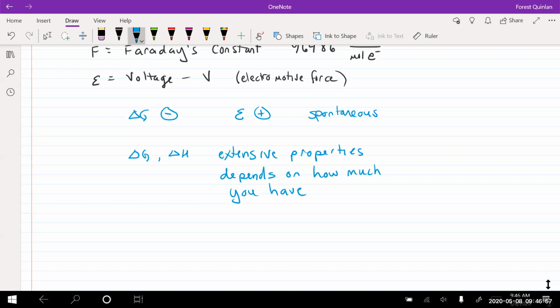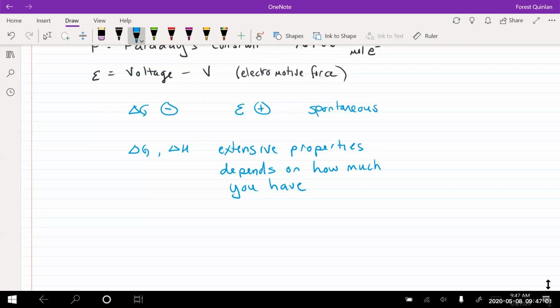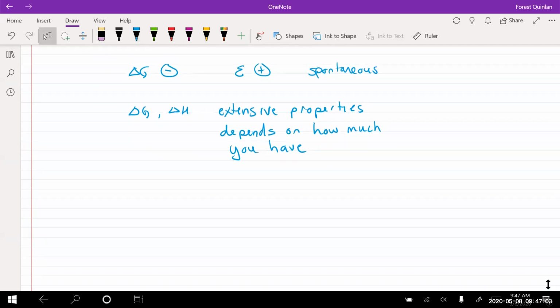You have twice the gasoline, you got twice the explosion. In contrast, E, or voltage, is intensive. That means it is independent of how much.